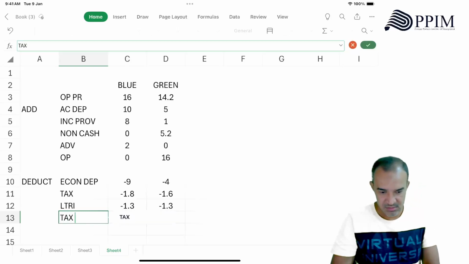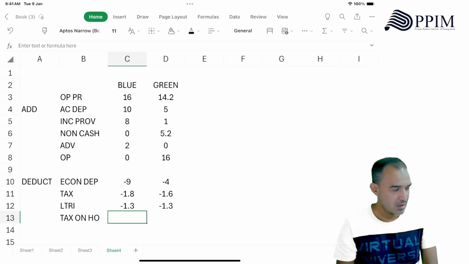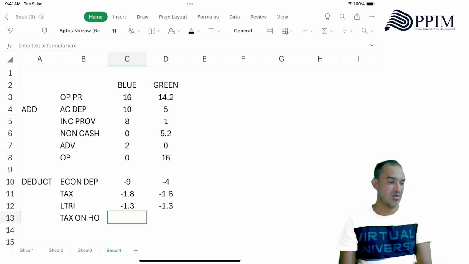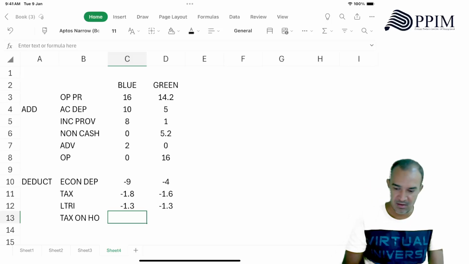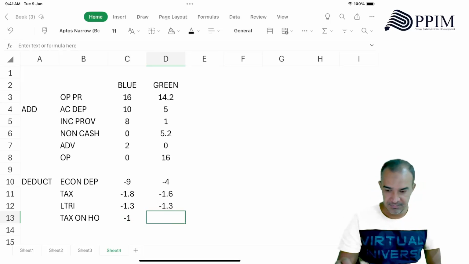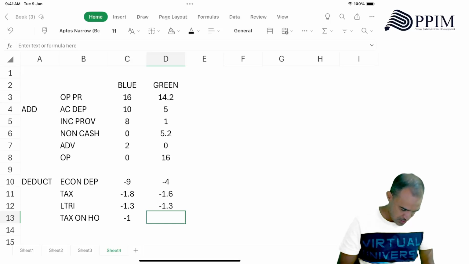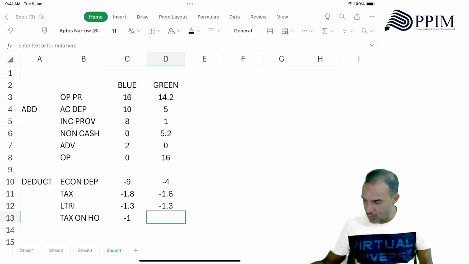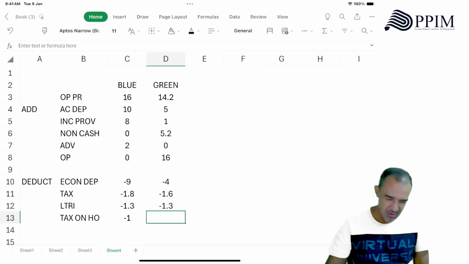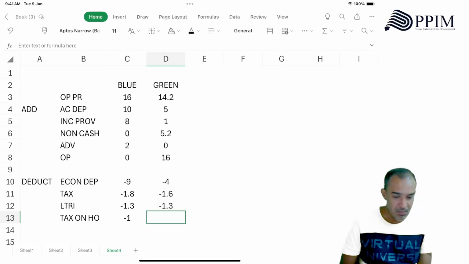So tax on head office. So 4 into 25% is 1 minus 1, and then 3 into 25%, 0.75.